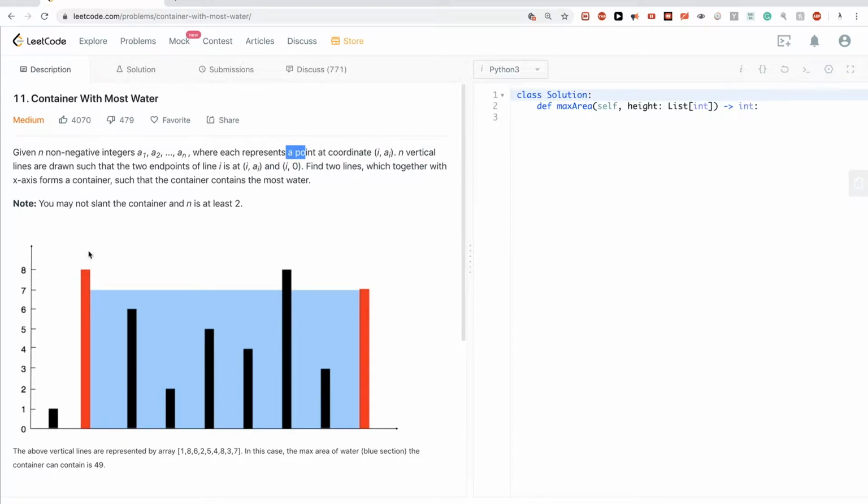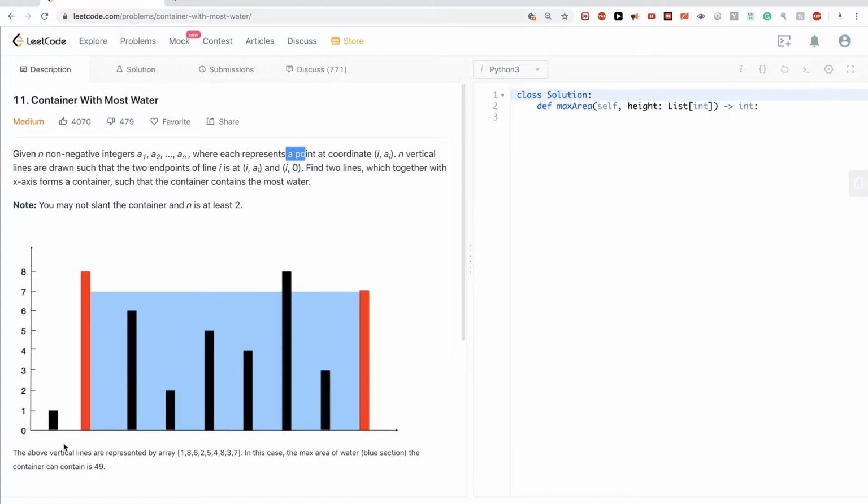You can see here for the first red one, since it's the second element in the array, the x coordinate is 1, and then the y coordinate, which is a[i], is the value 8.